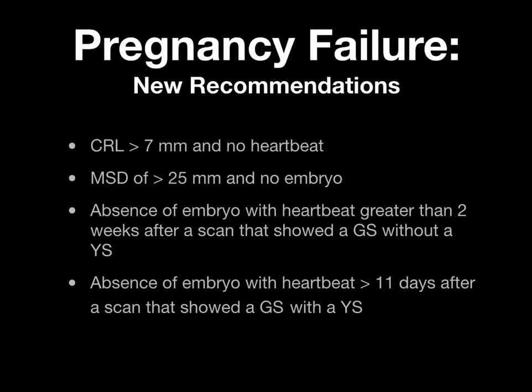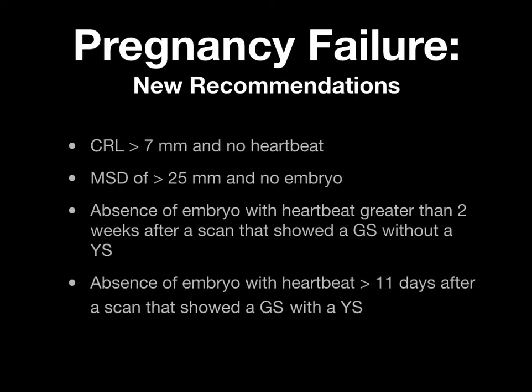Here's what the authors of this New England Journal review article are recommending for definitive diagnosis of pregnancy failure, as opposed to the current recommendations of crown rump length greater than or equal to 5 millimeters and no heartbeat. They're recommending a crown rump length of greater than or equal to 7 millimeters and no heartbeat. A mean sac diameter of greater than or equal to 25 millimeters and no embryo.